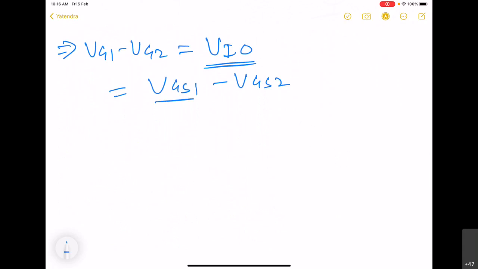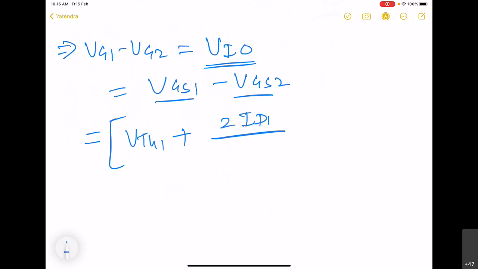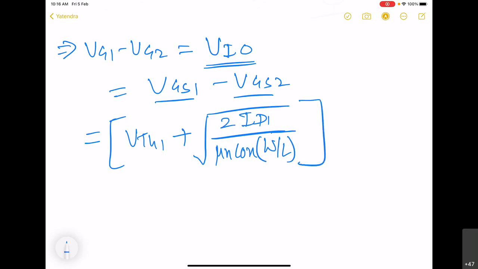So we can substitute each of these gate to source voltage in terms of the current. So we know that this is going to be equal to VTH1 plus square root of 2 ID1 divided by mu n COX W by L. So this is for VGS1.